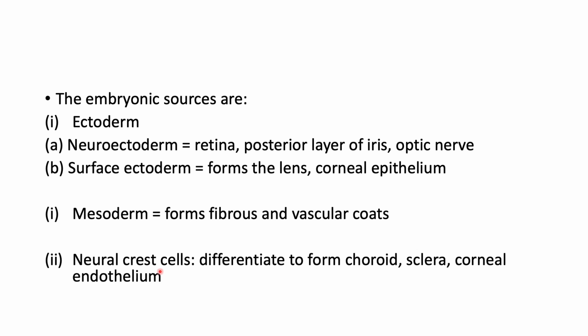The neural crest cells usually migrate to the mesenchyme of the mesoderm to form the choroid, sclera, and then the corneal endothelium. And so you will come to appreciate that the vascular and then the fibrous coats also contain the choroid and then the sclera.